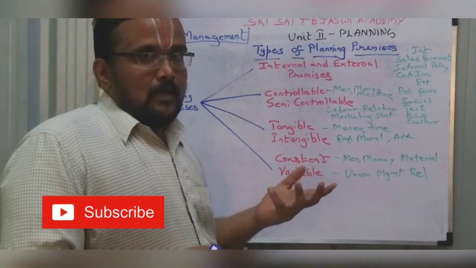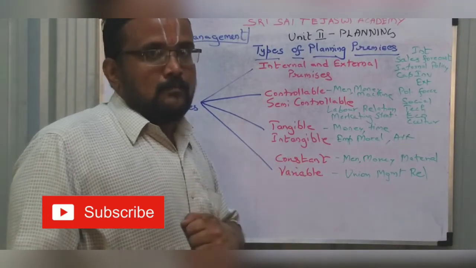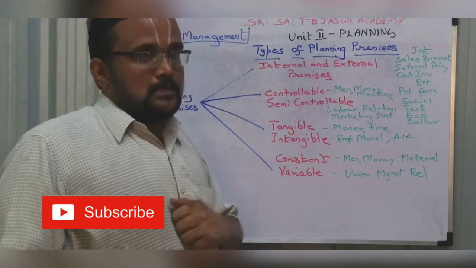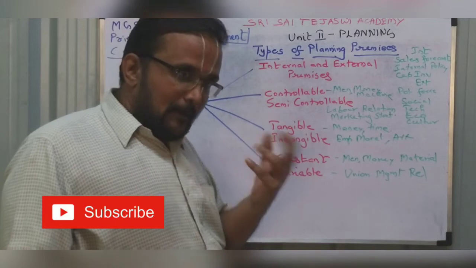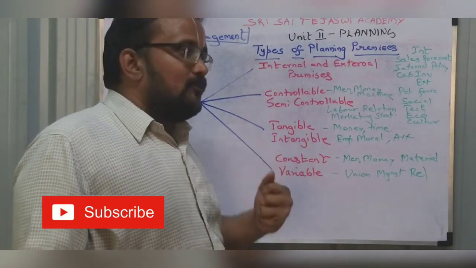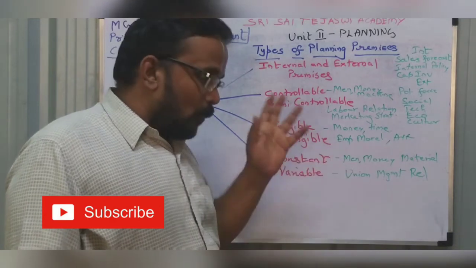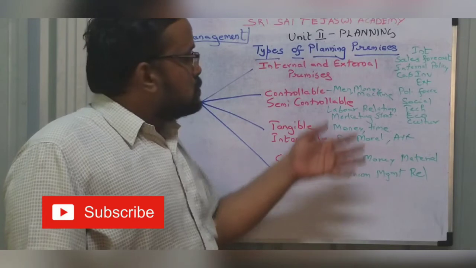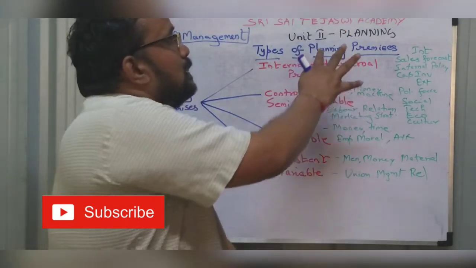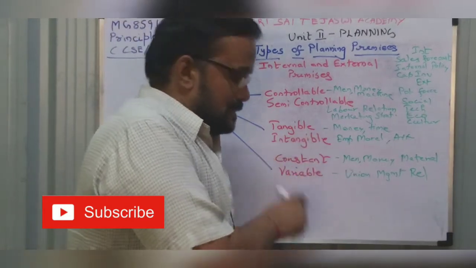Sometimes labor may go on strike, or demand a bonus. Management may deprive labor of a certain facility, or provide an additional facility like a canteen. So that is variable. These are the premises under which we do the planning.